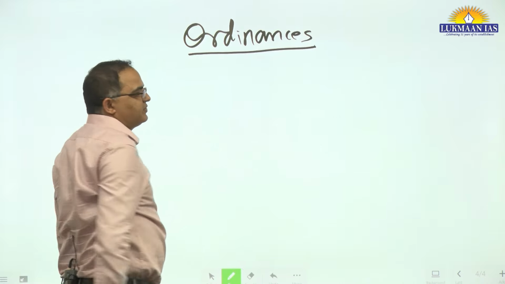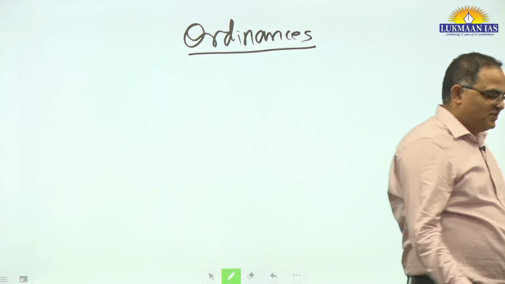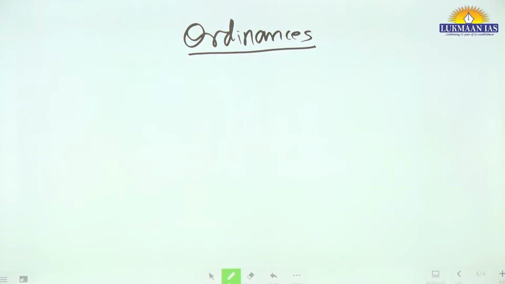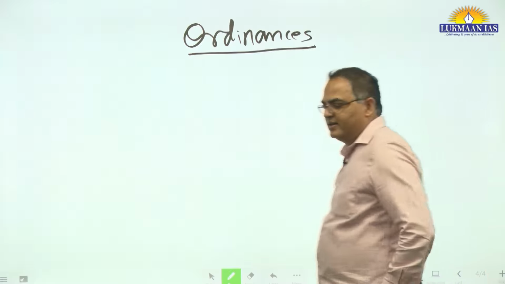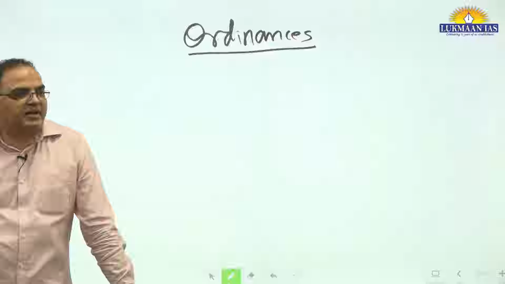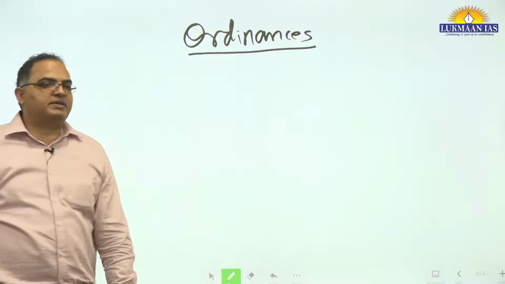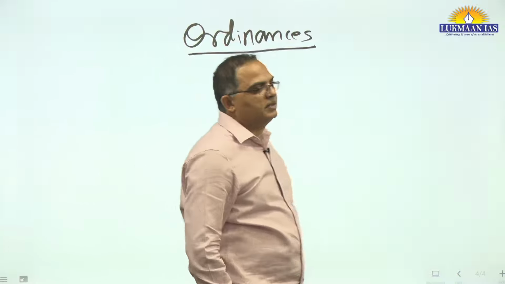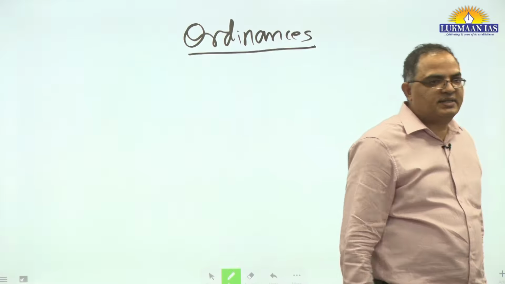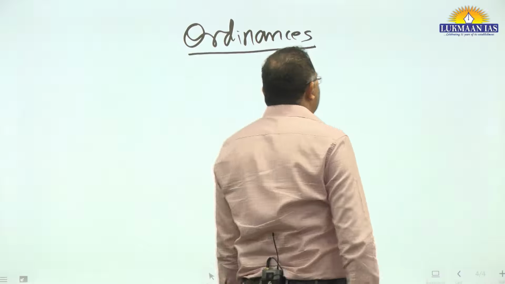Although we don't expect a question in public administration, you cannot demarcate a line between what they will ask and what they will not ask, because they have been asking in paper two some GS-type questions also. You should know it anyhow.